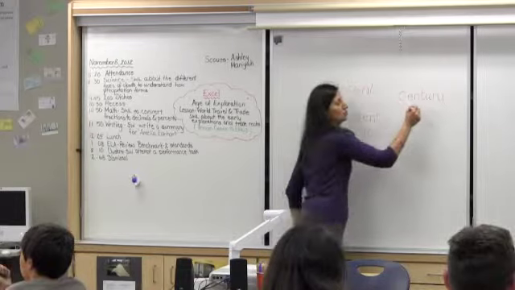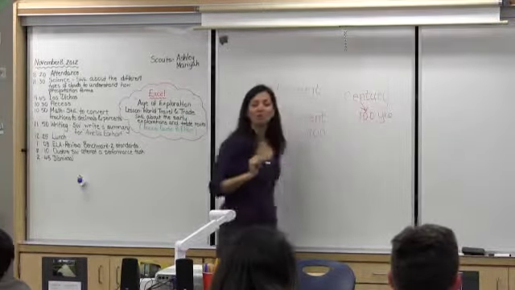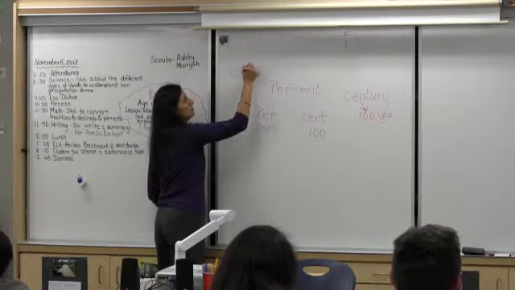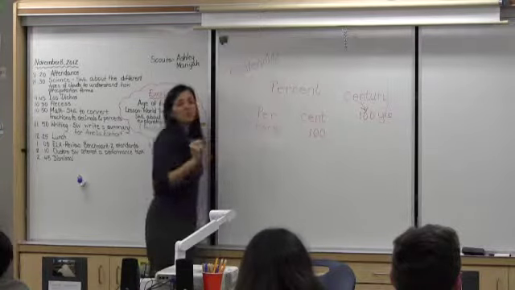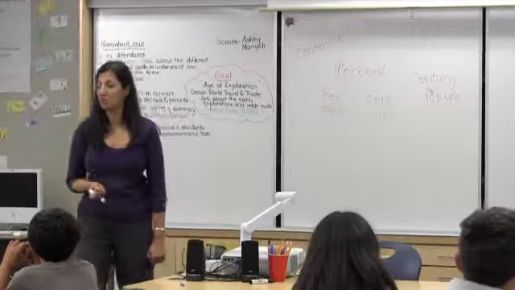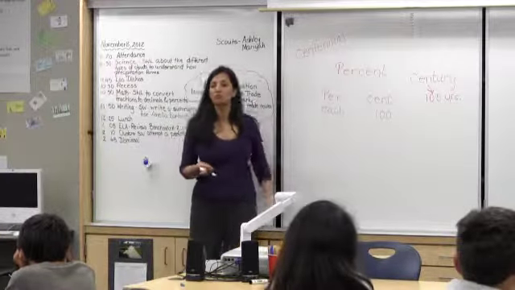A century is 100 years. Okay? If someone is having a centennial celebration, that really means that they are celebrating the 100th anniversary of something. Okay? So we have lots of words that use that same root word.